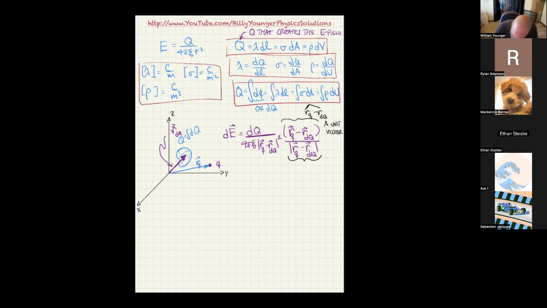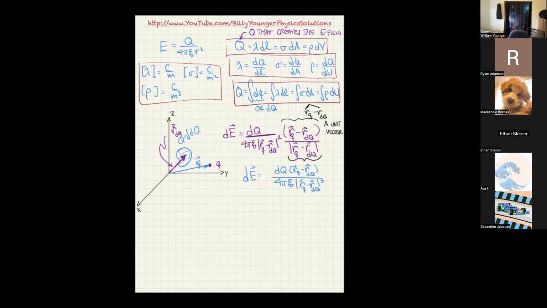So ultimately, our answer is going to be this. The differential electric field element is dq times rq minus rdq over 4 pi epsilon naught times the magnitude rq minus rdq.